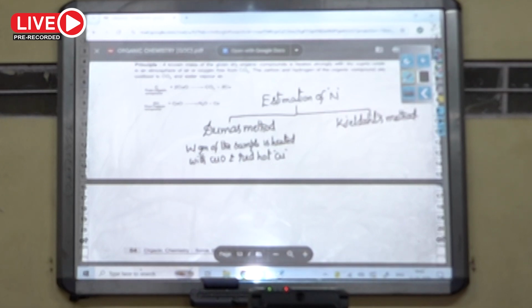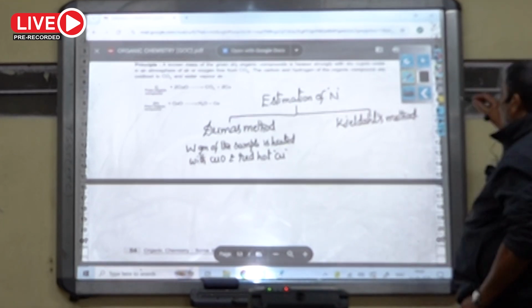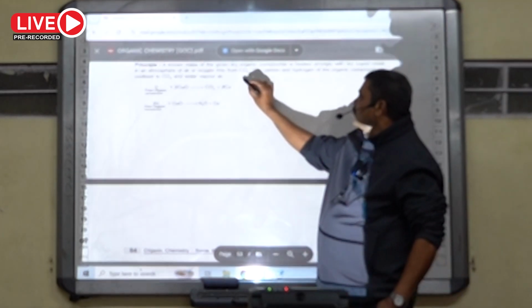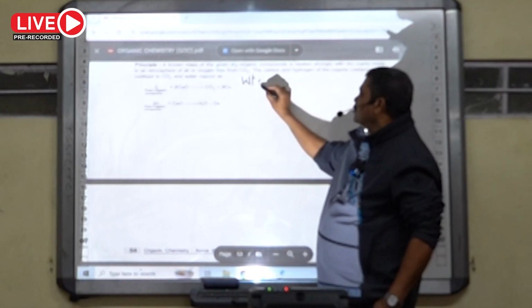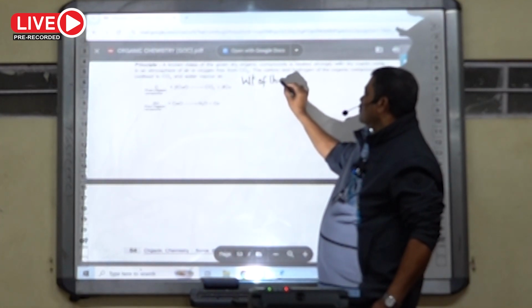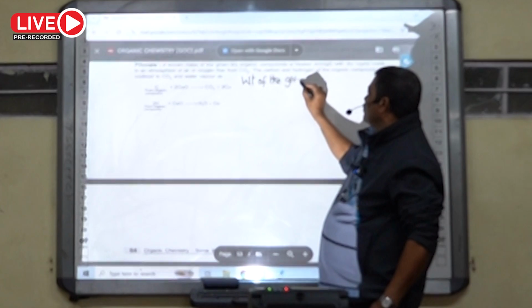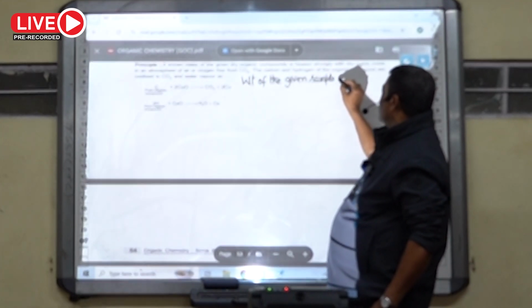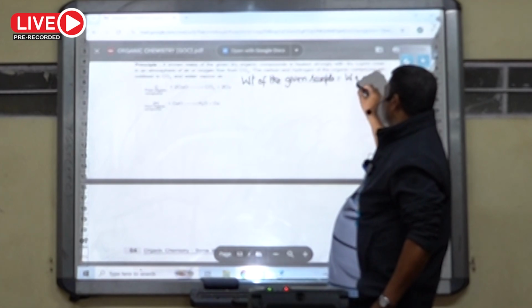Weight of the given sample is equal to W grams.